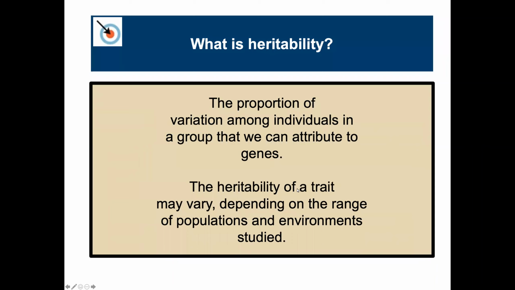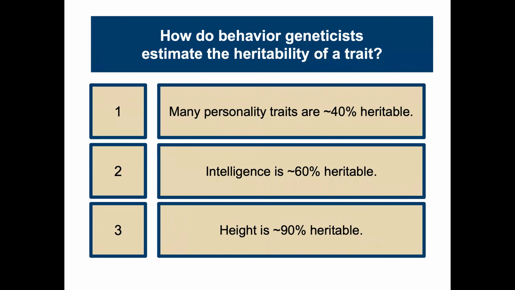So the term heritability, what is it? The proportion of variation among individuals in a group that we can attribute to genes. The heritability of a trait may vary depending on the range of populations and environments studied. So how do behavior geneticists estimate the heritability of a trait?